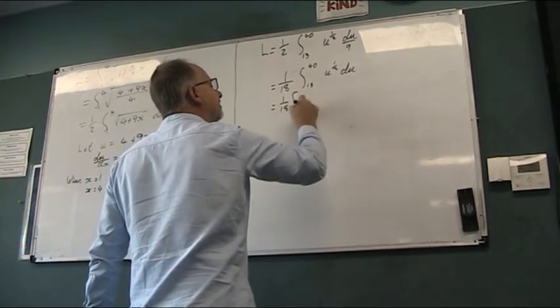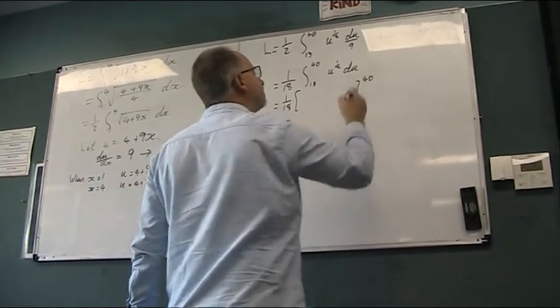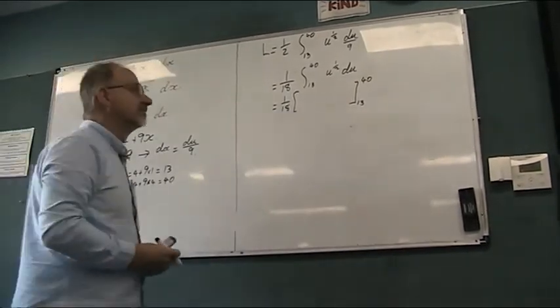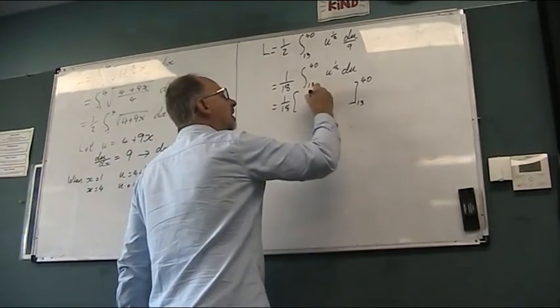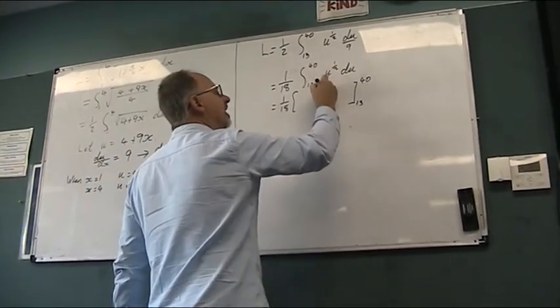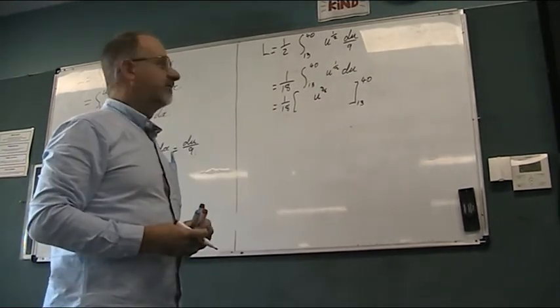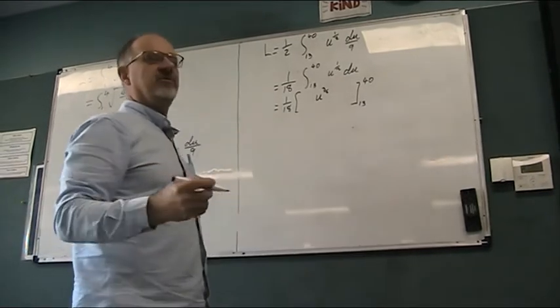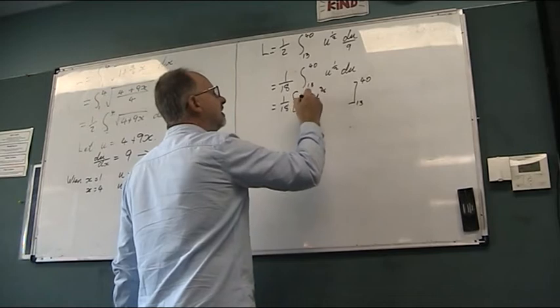And when we anti-differentiate u to the half, what do we get? Anti-differentiation, we increase the power by 1, so 1.5, 3 over 2. And what do we do? Divide it by 3 over 2. We're dividing by a fraction, so we flip it and multiply.